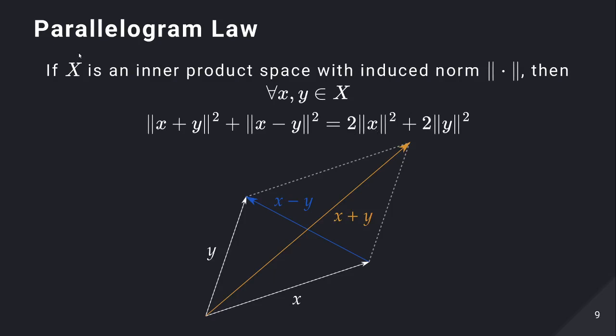And the reason this is called the parallelogram law is because this is really a theorem from Euclidean geometry, where if you have a parallelogram, then take the square of these two diagonals, it's equal to the sum of the squares of all their sides.